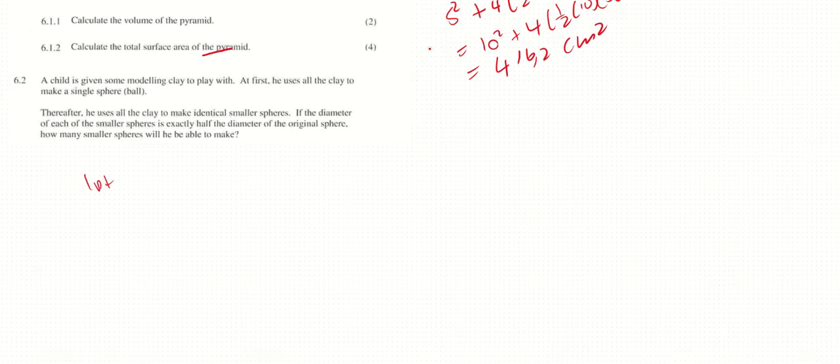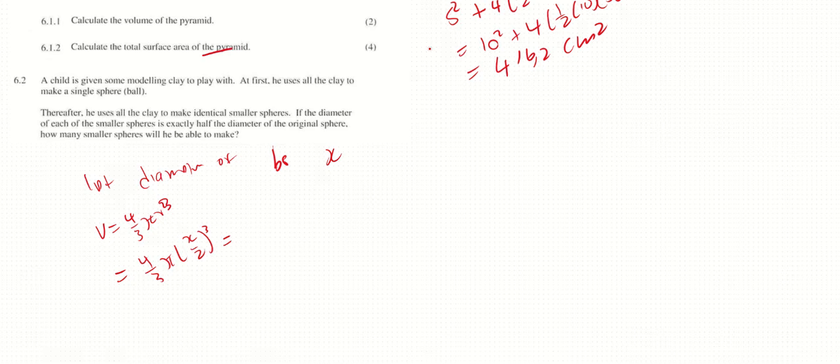So let's make the diameter of the sphere x. So now that means that we're going to use the volume of a sphere, which is 4/3 π r cubed. If the diameter is x, therefore the radius is x/2, cubed.